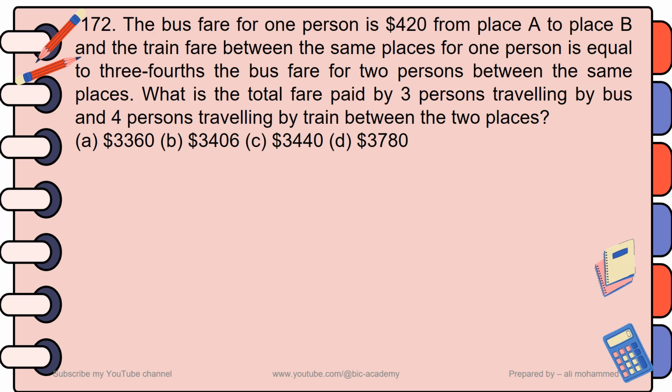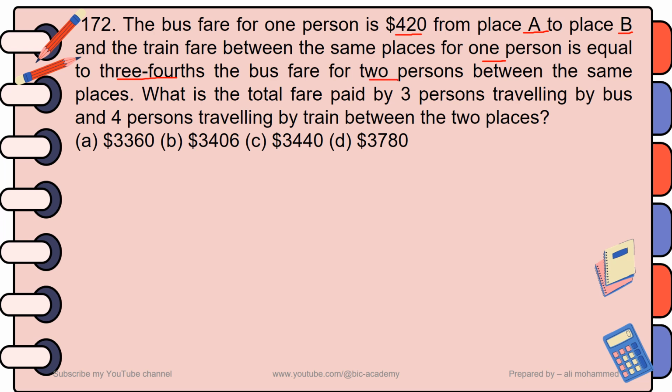The bus fare for one person is $420 from place A to place B. And the train fare between the two places for one person is equal to 3/4 the bus fare for two persons between the same places.